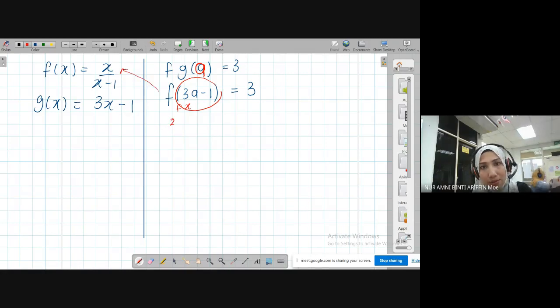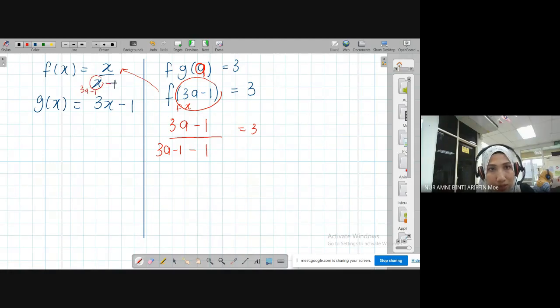Kita akan dapat 3A minus 1 over 3A minus 1 equal to 3. Kenapa minus 1 lagi? Sebab ini 3A minus 1. So minus 1, this is the function for Fx. So here you akan dapat 3A minus 1 over 3A minus 2 equal to 3.